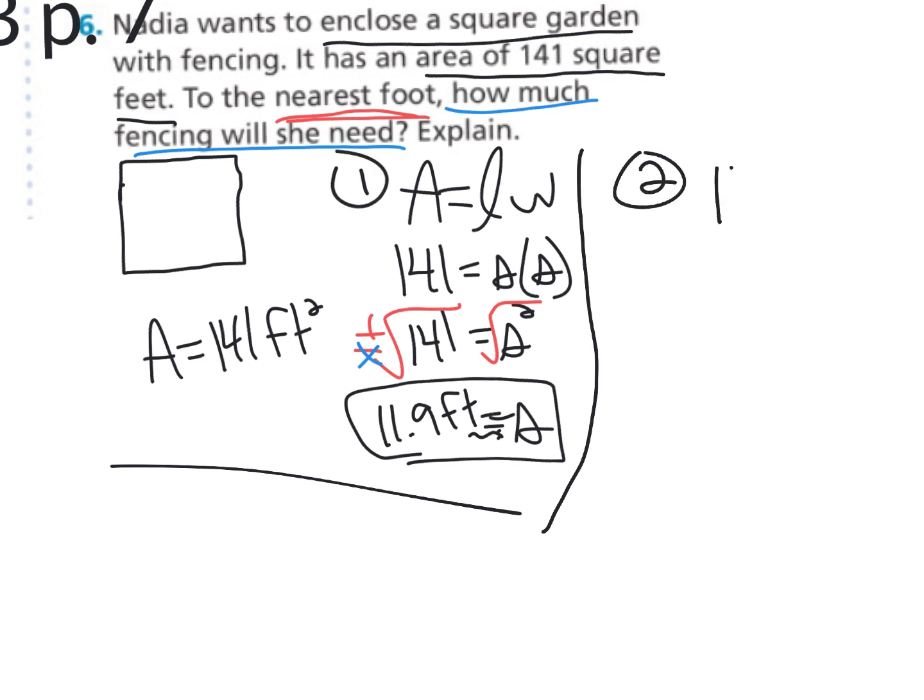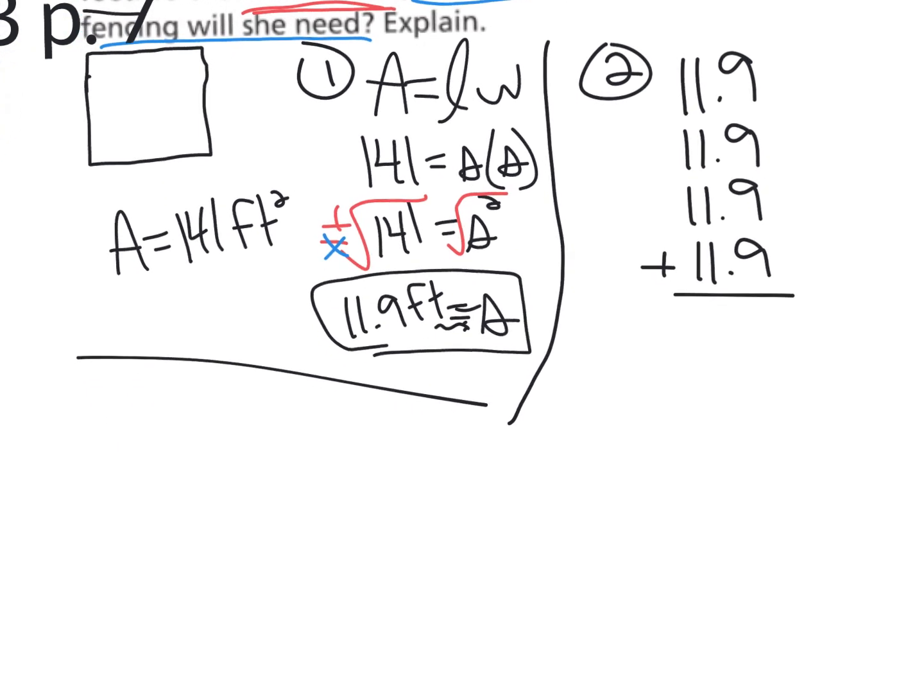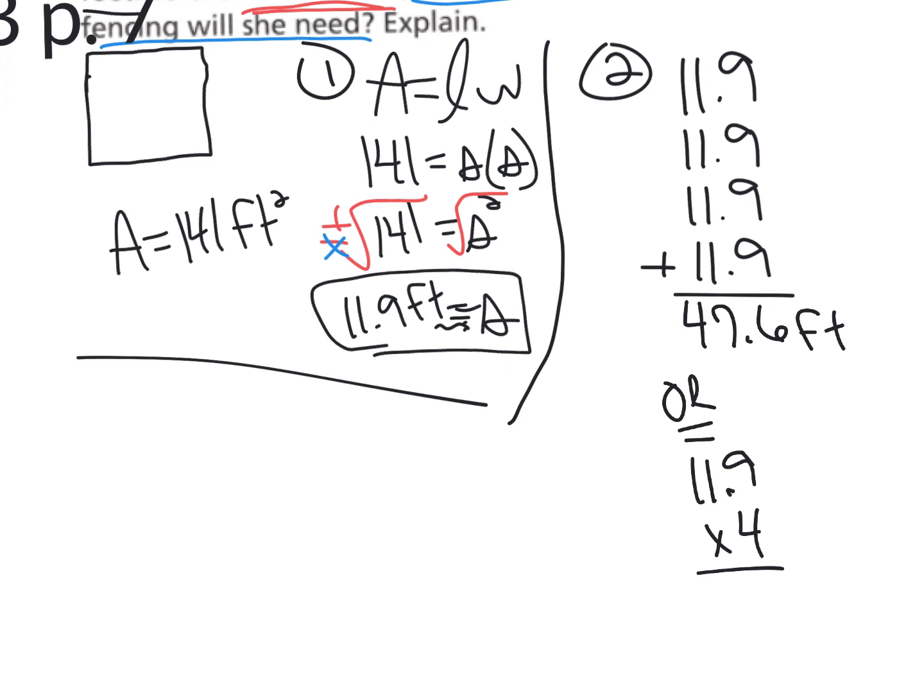So we could either add 11.9 to itself 4 times. Now that's rounded, understand. We did round that off, but that's going to be pretty close. Or we could multiply by 4. Whichever way you want to do that. So whichever way you do that, you should get 47.6 feet.